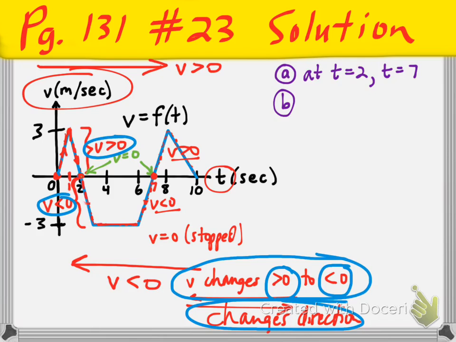Let's talk about that for a second. Here, if you start at t equals 0, and what I'm doing is putting little dots on the velocity graph, the velocity is getting bigger, then the velocity is getting smaller. Velocity is still getting smaller all the way down here to about t equals 3.